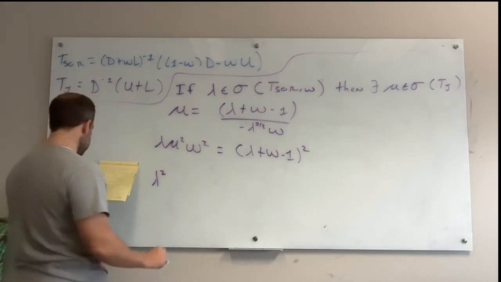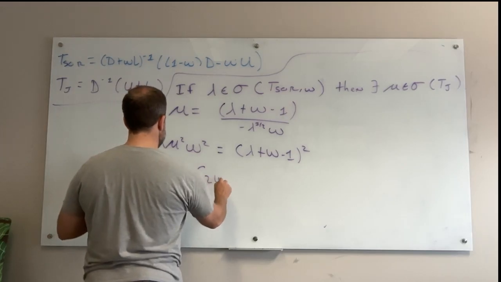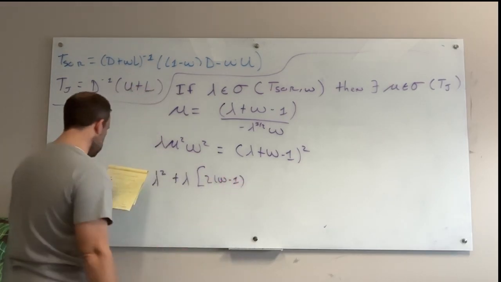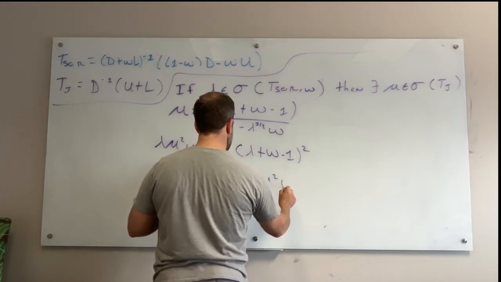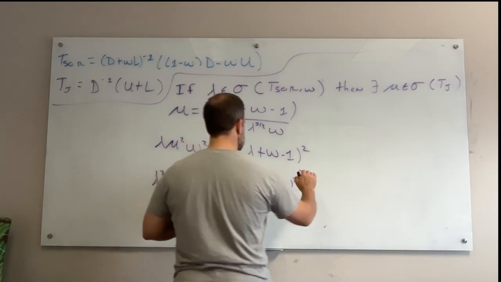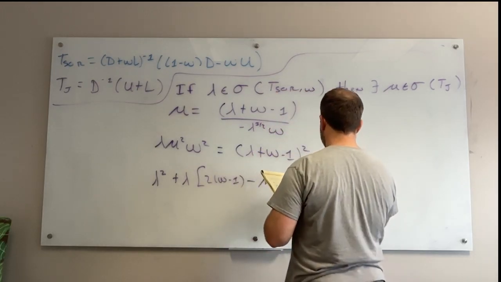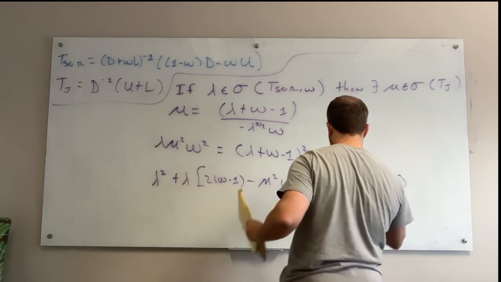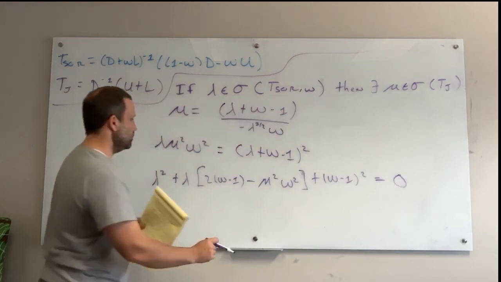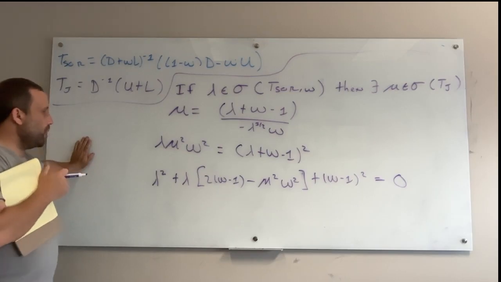We get lambda squared plus lambda. This is just algebra right here, but I don't want to do all of the steps, and I don't have it memorized. Mu squared omega squared plus omega squared, omega minus 1 squared is equal to 0.